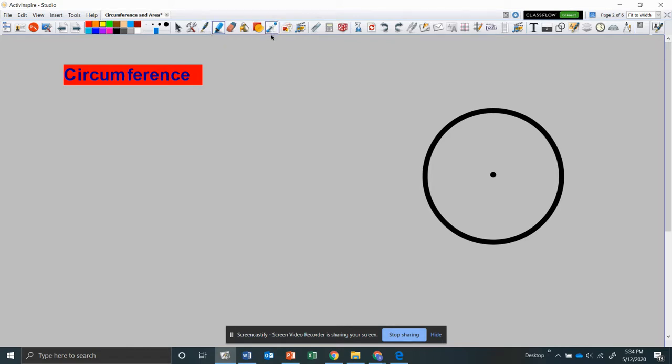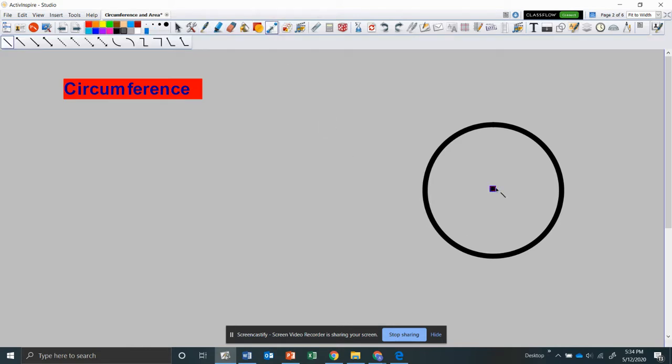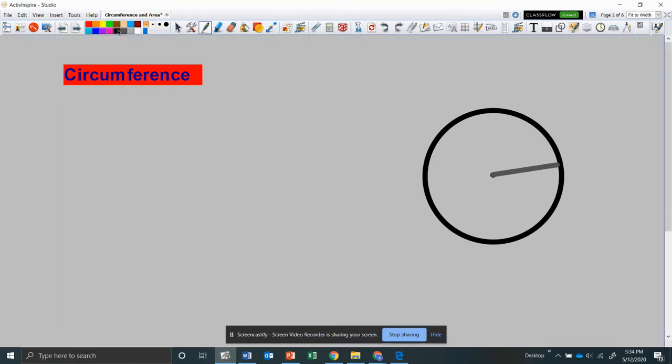Let's say in this problem, I've got this circle, and I know that the radius is 3 centimeters. Now look at your card. What's the formula for circumference? Circumference is pi times the diameter.